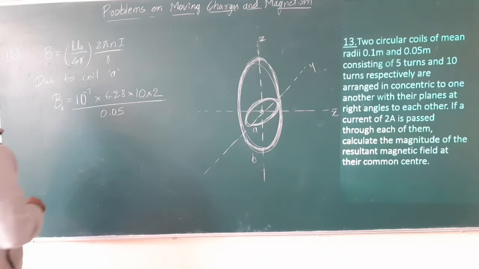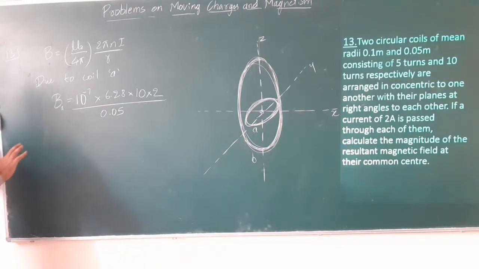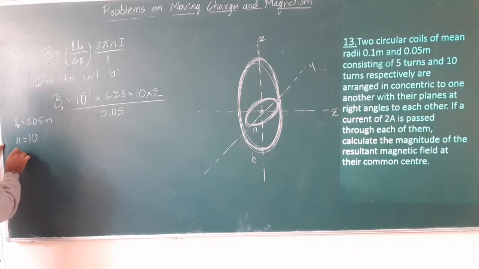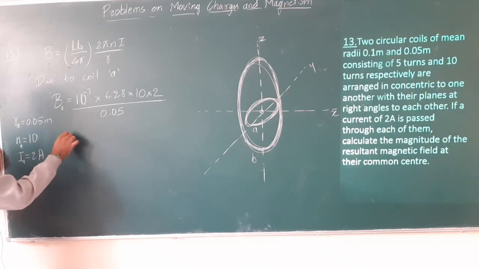If you are confused with the data, you can write down the data once. That would give you more clarity. Radius of coil A is 0.05 meter, the number of turns in coil A is 10, and current in coil A is 2 ampere. That's it. You can take them as such and put them here.